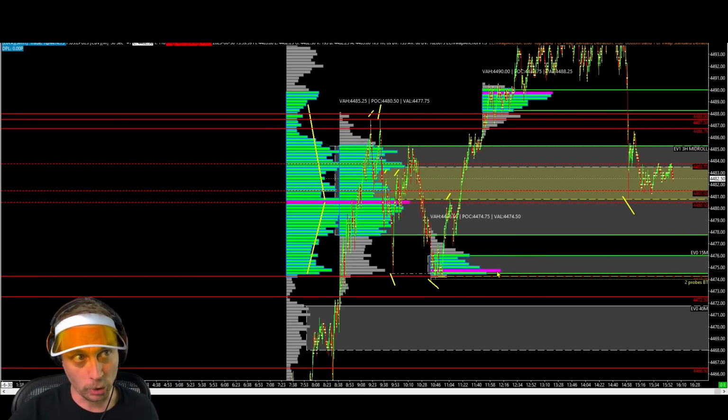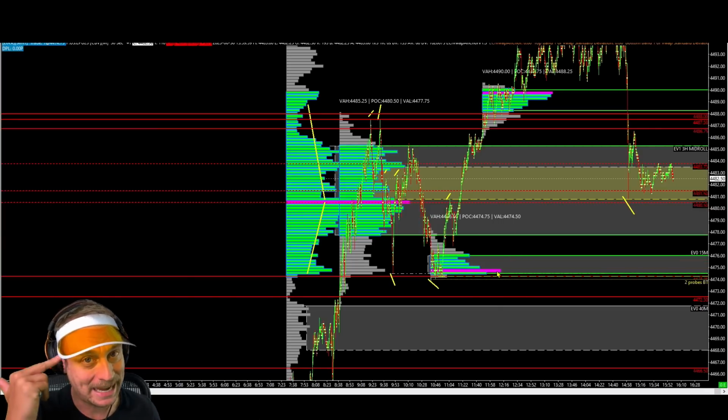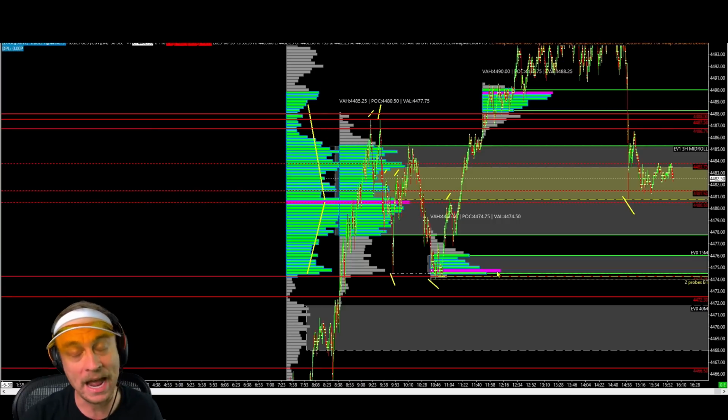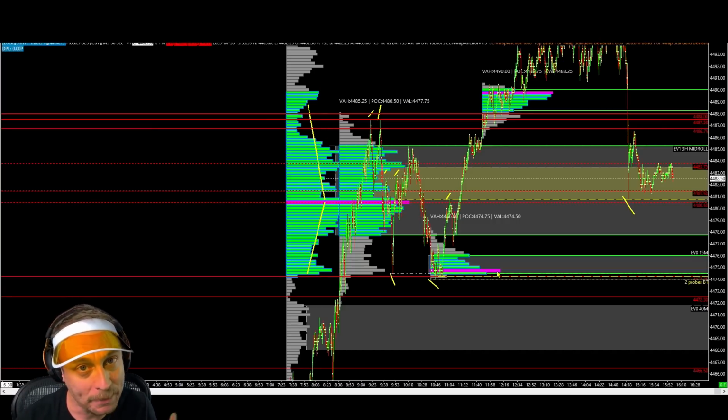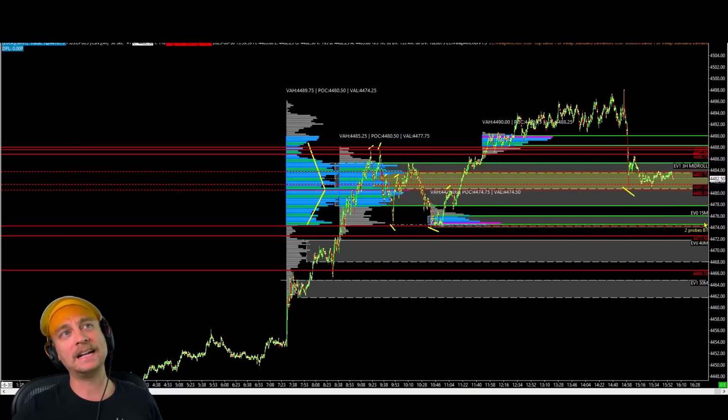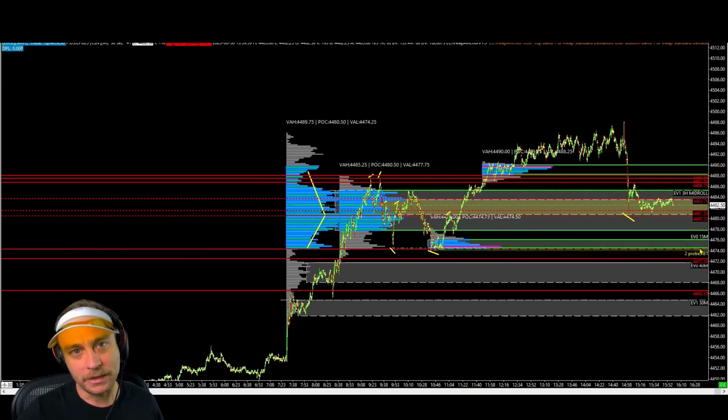Now that we have a curve there, it tells me there's a lot of absorption that happened there. And that tells me a story. With that story, I can lean into it to get into a setup, and having a story in a trading system allows me to be more confident. So that right there is pretty much everything.